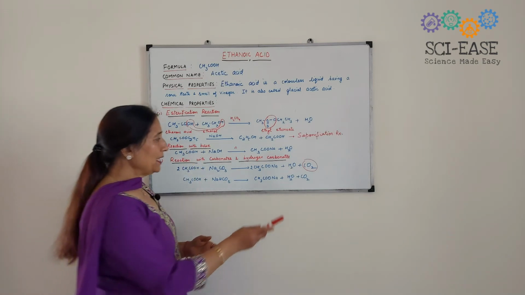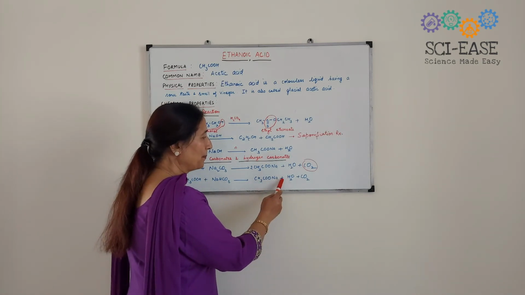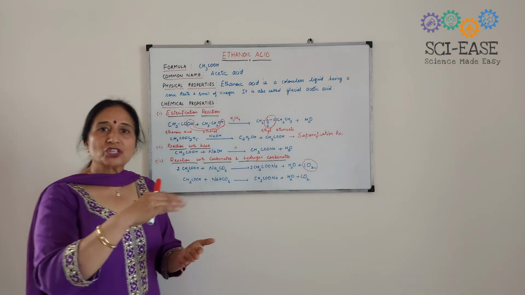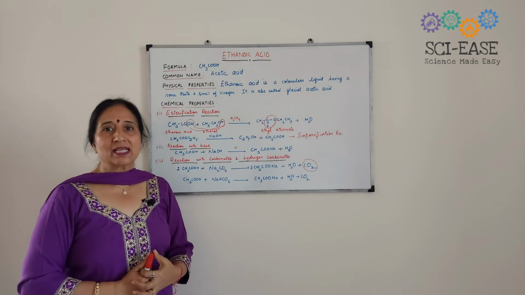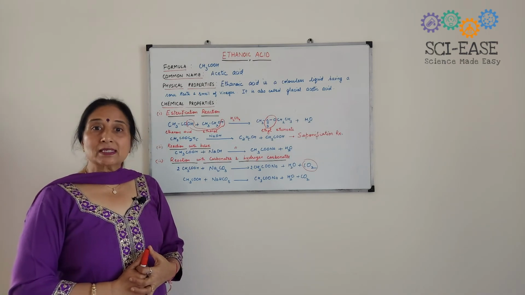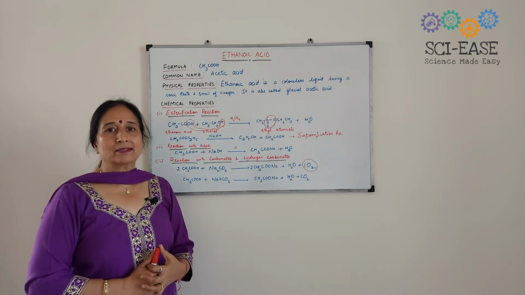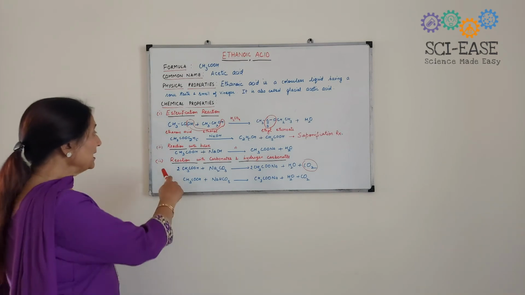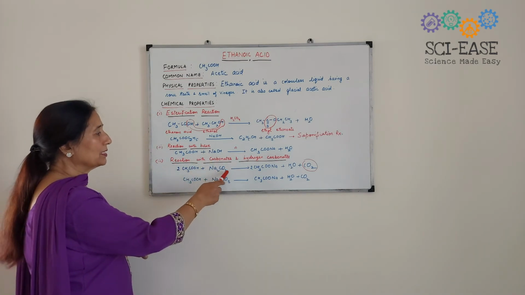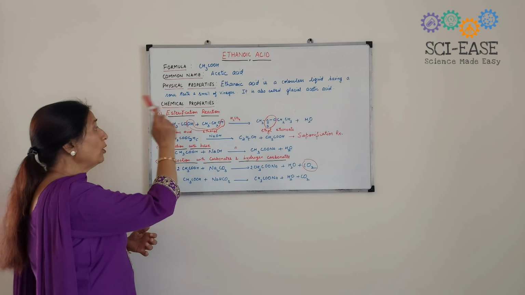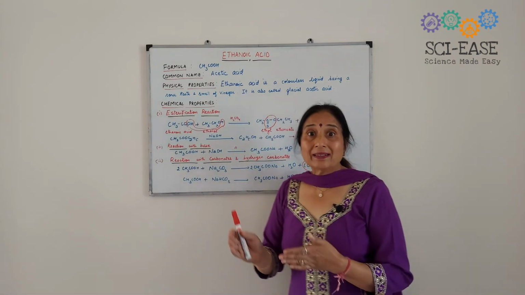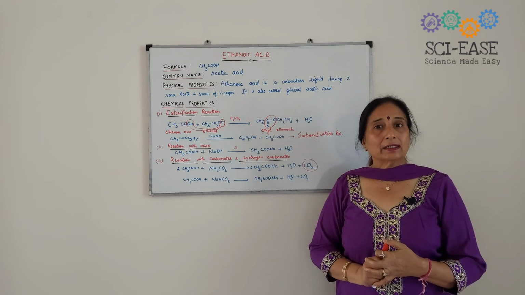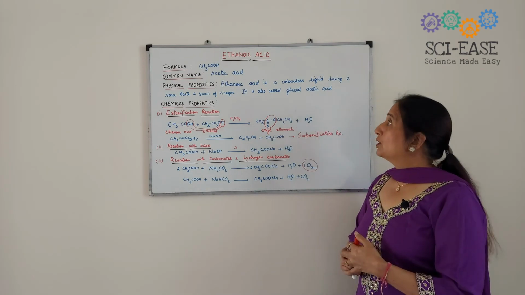The result will be sodium ethanoate plus water plus again carbon dioxide, which is formed in the form of effervescence, and this can be tested by passing the gas through lime water, which will turn milky. These two tests, the reaction with carbonates and hydrogen carbonates, or the esterification reaction, can be used as a chemical test to identify the presence of ethanoic acid.